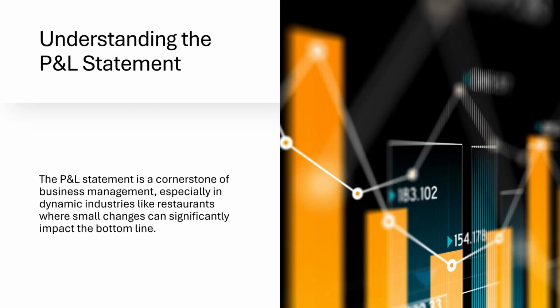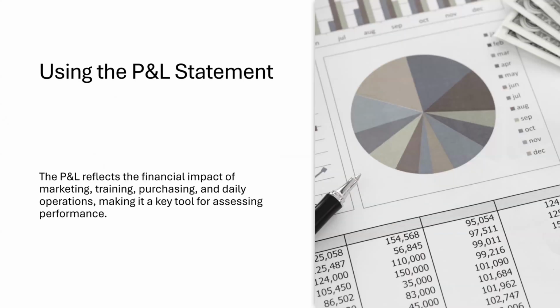If we have an increase in a price somewhere, it's really going to affect other things on the profit and loss statement. So when we use that profit and loss statement, it really reflects the financial impact of marketing, training, purchasing, and daily operations, and gives us a good tool to assess what's happened in the past. Now remember what I said there, what's happened in the past.